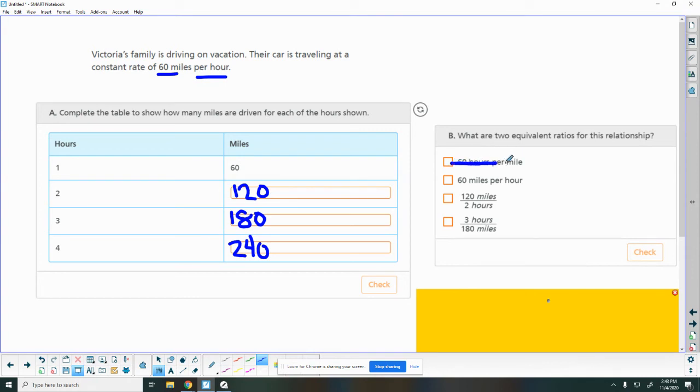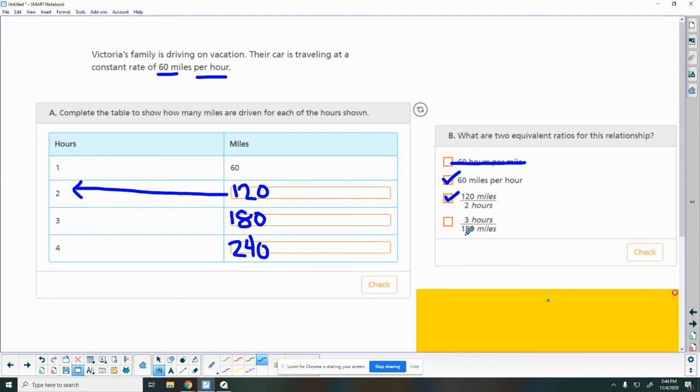That doesn't sound reasonable in a car. 60 miles per hour, so that one sounds good. 120 miles in 2 hours. That looks good. So if I do 120 divided by 2, that's 60, which is 60 miles every hour.